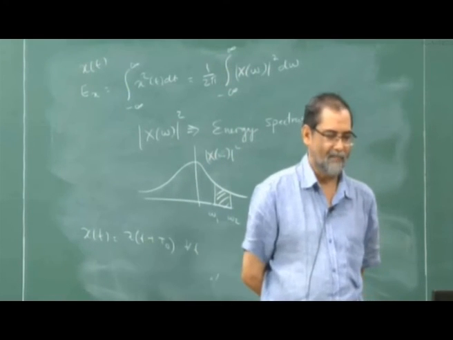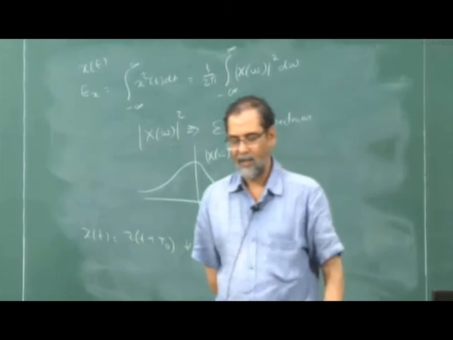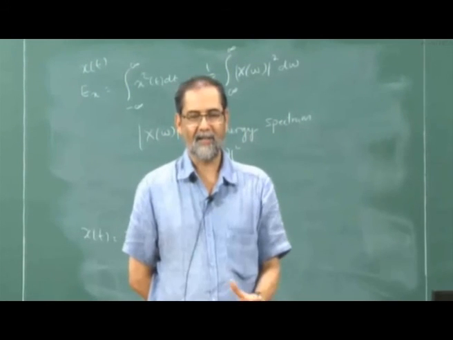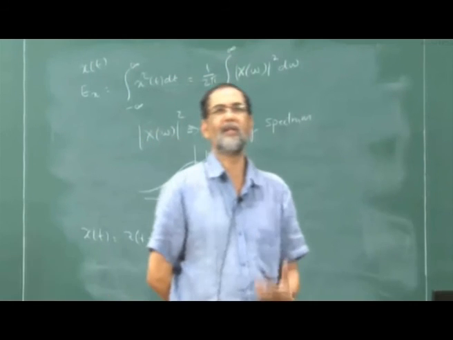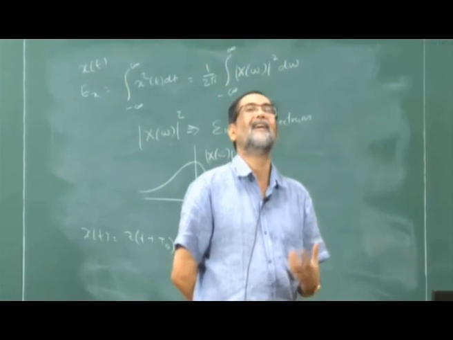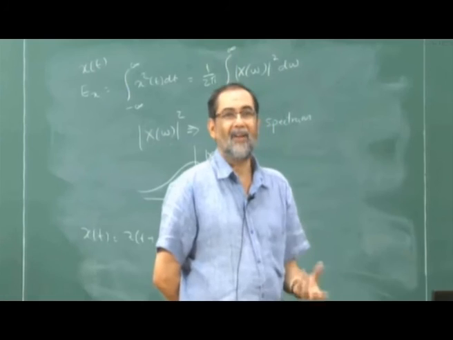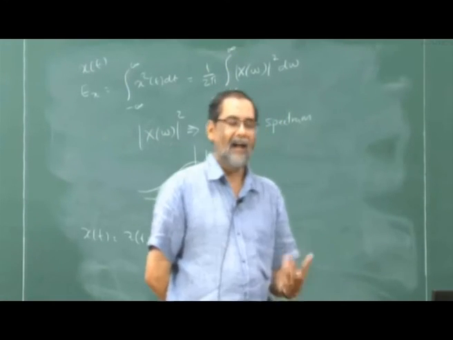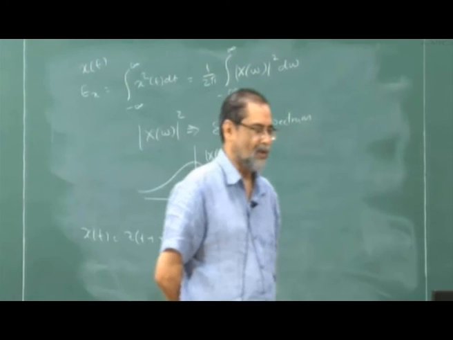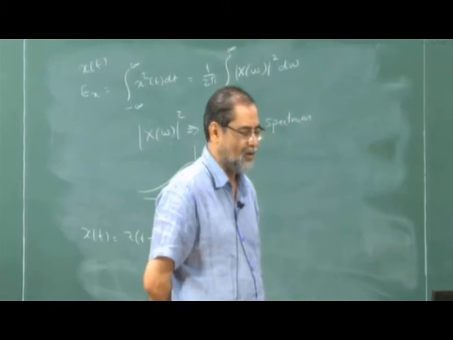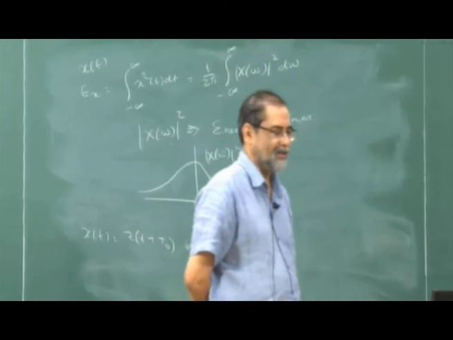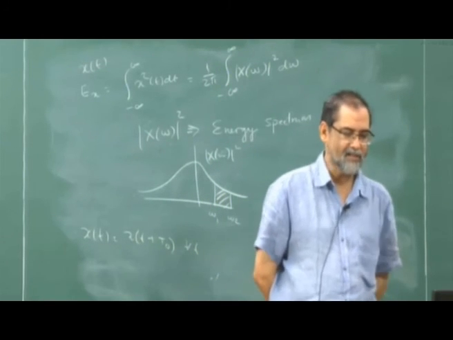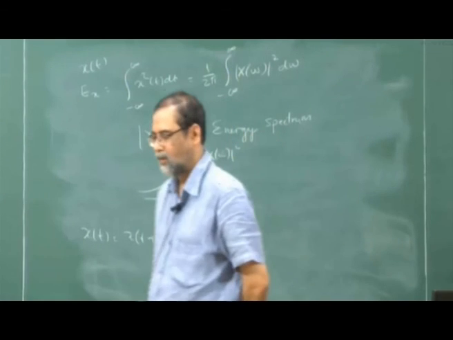I gave this caution on the very first day. We are doing improper integrals, so you always have to ask the question: do they exist? Is the answer not infinity? Only then it is interesting. I have a feeling that if two convolving functions are periodic signals, then the answer might be infinity. So it is not easy to answer offhand. Don't do it unless you have to, unless you know what the answer is.